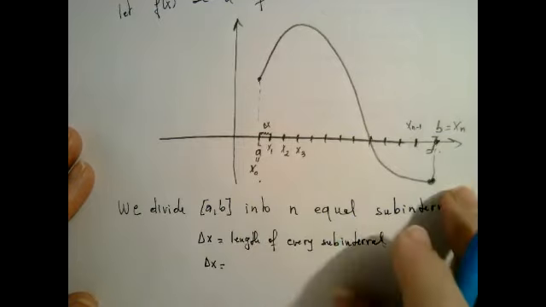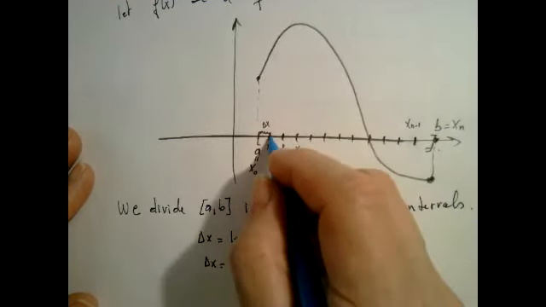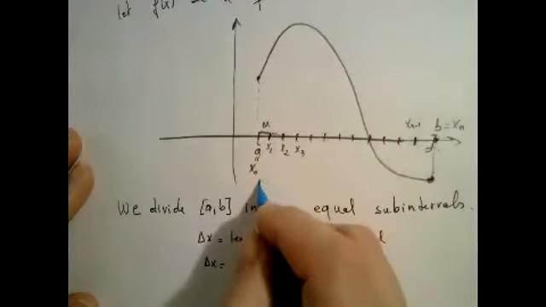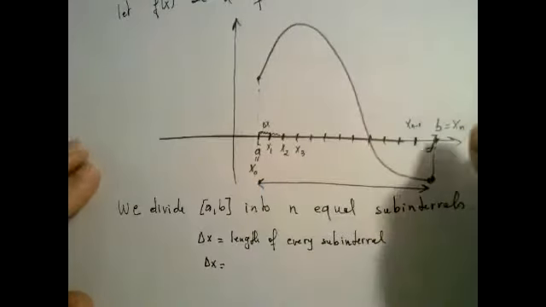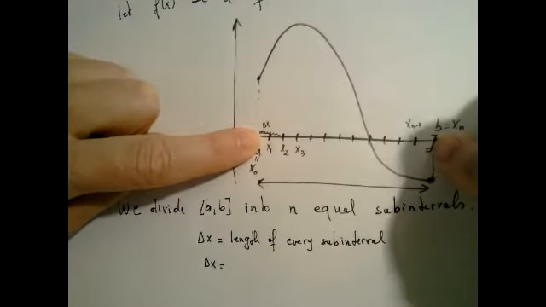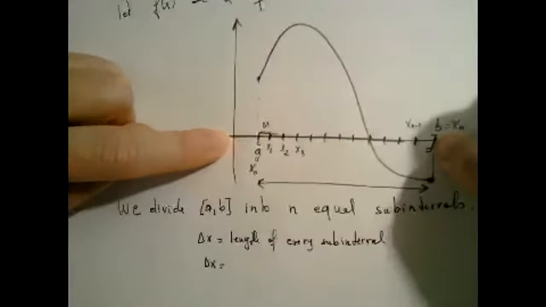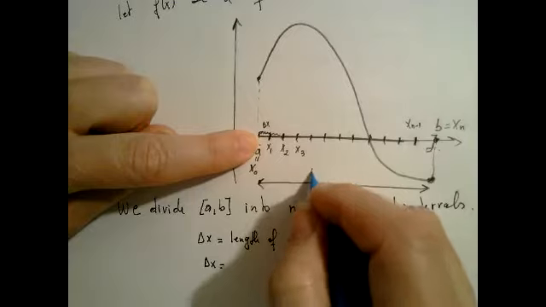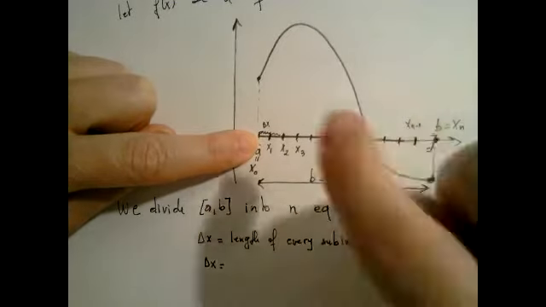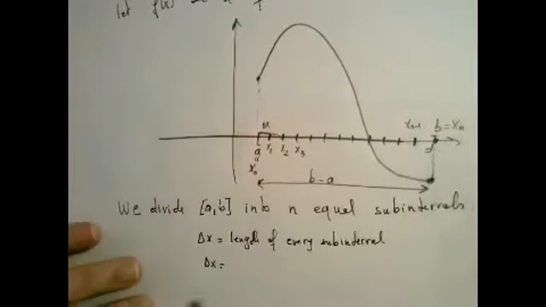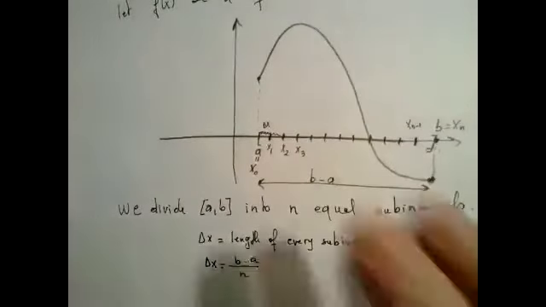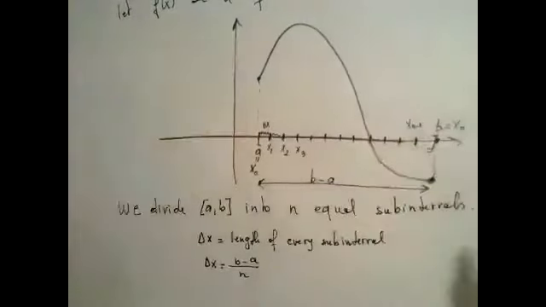What's the length of every one of them? Let's see, the whole interval from here to here is b minus a. So this length is b minus a. If I divide it into n equal pieces, each one of them is going to be b minus a over n. So that's the length of every subinterval. So I start by taking the interval ab and subdividing.